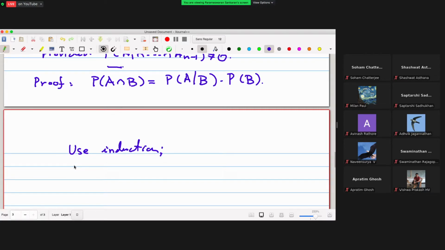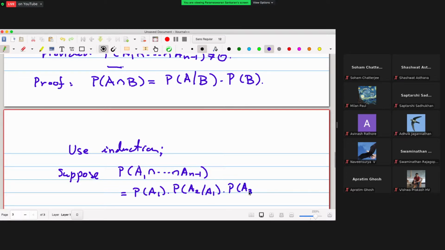Now suppose that probability of A1 intersection An minus 1 is equal to probability of A1 times probability of A2 given A1, probability of A3 given A1 intersection A2, and so on.